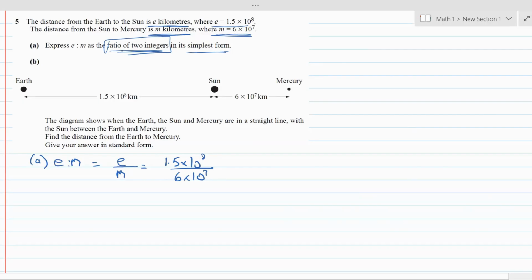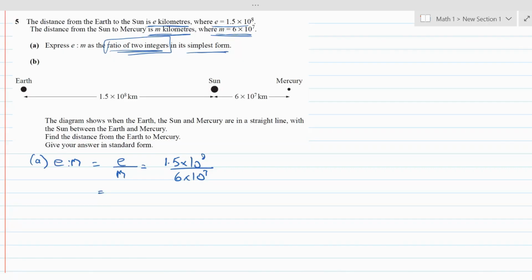This 1.5 is a decimal value, and it has to be converted into an integer first.